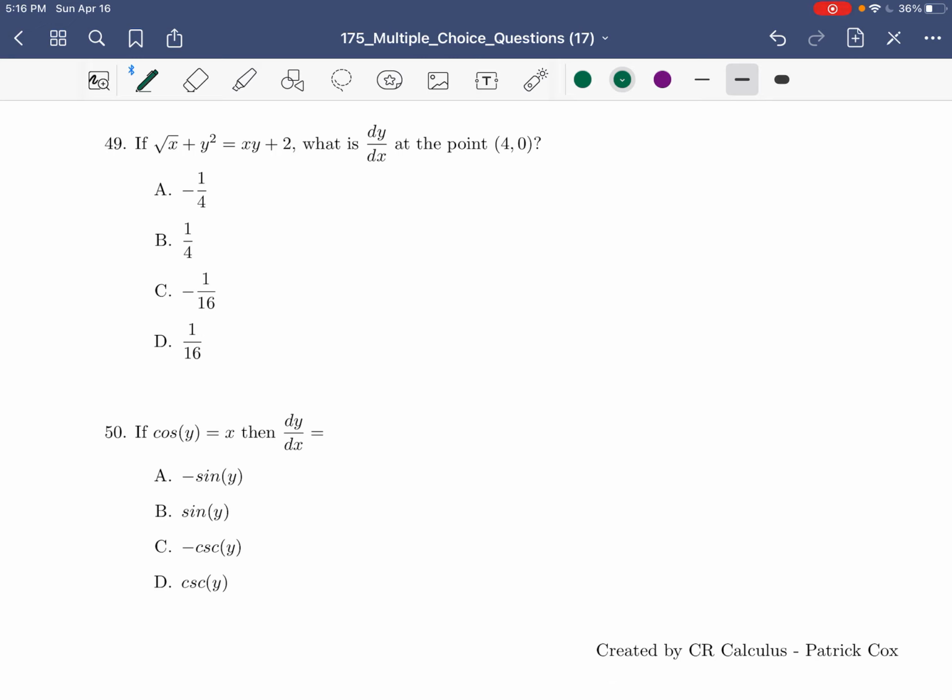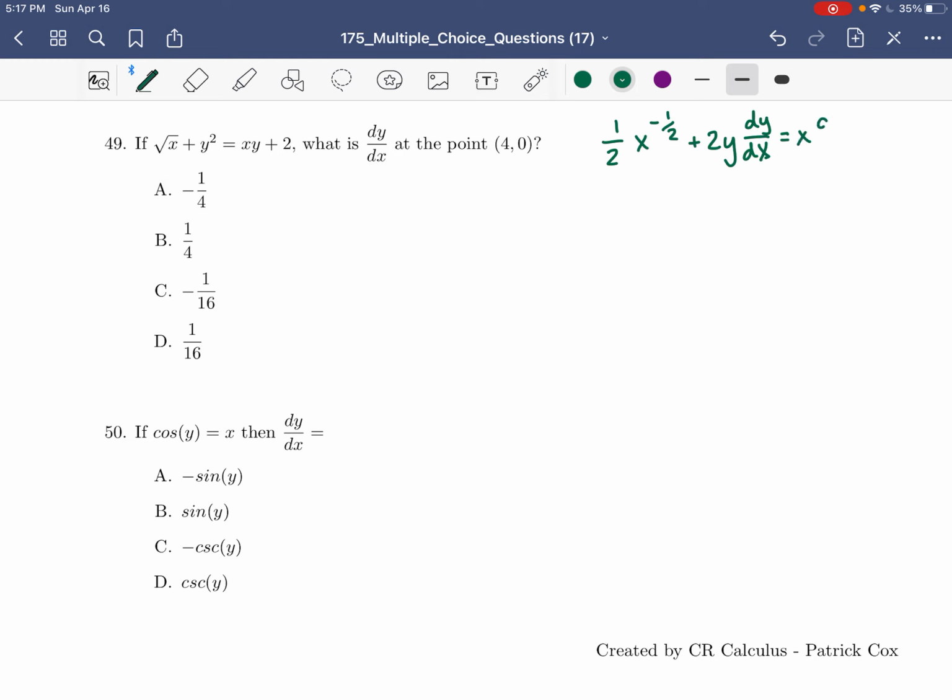Okay, in this one we have x's and y's combined. That's how you know you're going to need implicit. So we're going to do implicit, meaning anytime we take the derivative of y, we're going to put dy dx next to it. So to start off, my derivative of square root of x is 1/2 x to the negative 1/2 plus 2y dy dx equals, then I'm going to have a product rule.